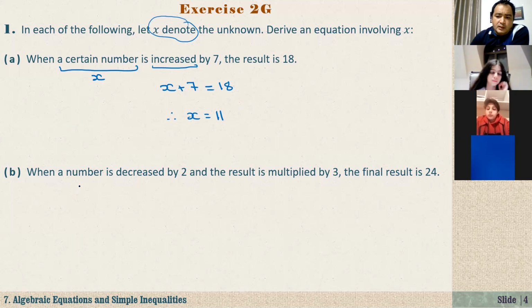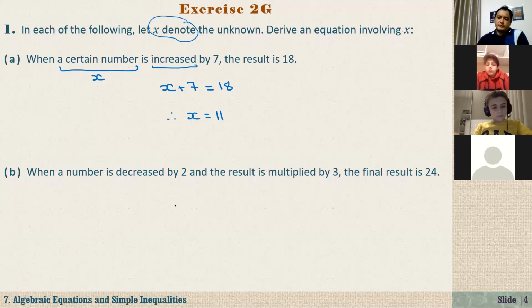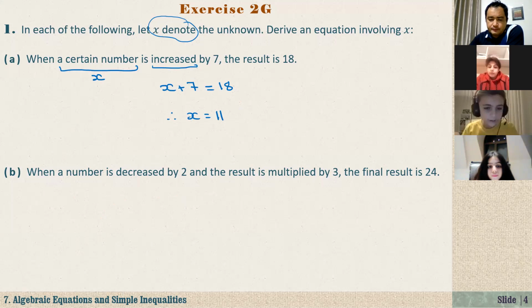Okay. Ibrahim, how about question B? Read it first. When a number is decreased by 2 and the result is multiplied by 3, the final result, I can't see, wait, is 24.